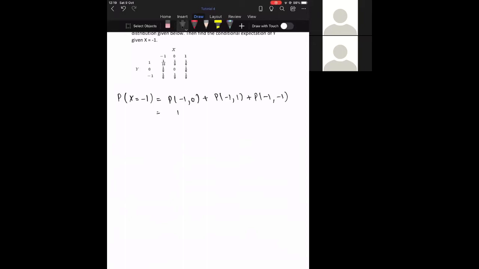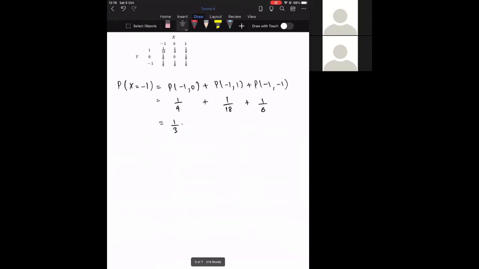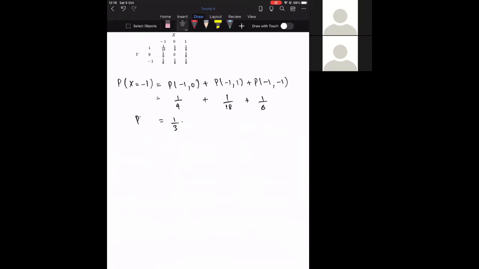This is equal to 1/9 plus 1/18 plus 1/6. And this should be 1/3. All right, so we have the probability that x is equal to -1 as 1/3.